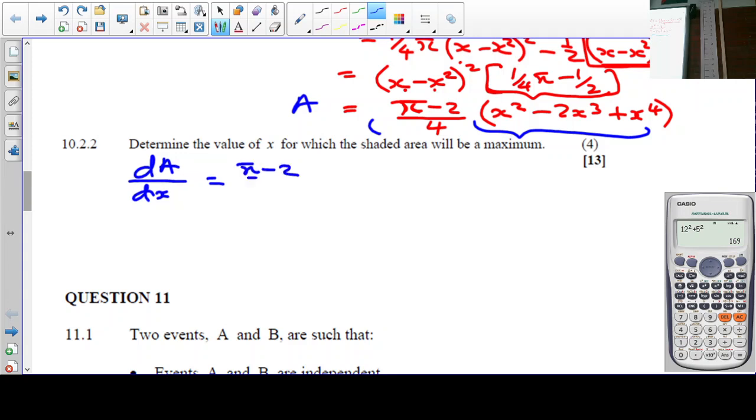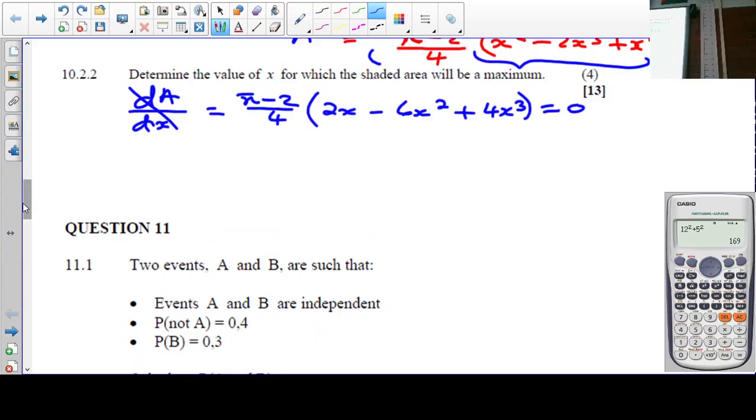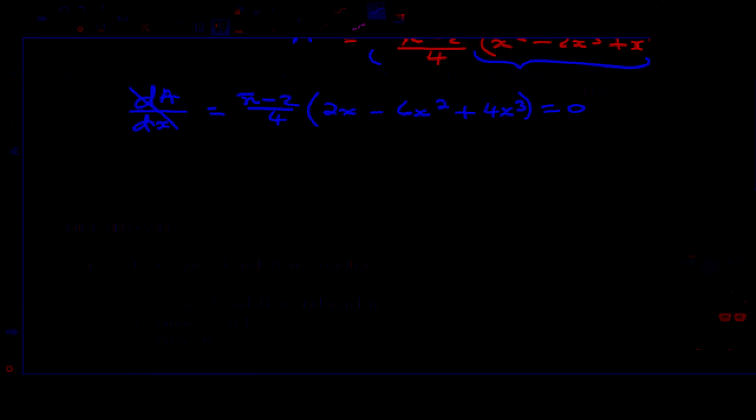So it's pi minus 2 over 4 into, now apply the derivative, what do we get? 2x minus 6x squared plus 4x cubed equals 0. So I drop this. Not so? So what do we do now? Now I can multiply that in the constant.